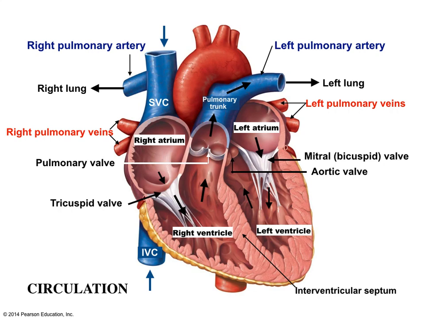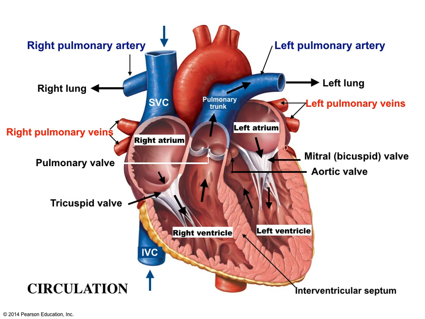The right ventricle conducts the blood through the pulmonary valve into the pulmonary trunk, which splits into the right and left pulmonary arteries, going to the lungs to pick up oxygen, and back to the left atrium via 4 pulmonary veins, carrying oxygen-rich blood.